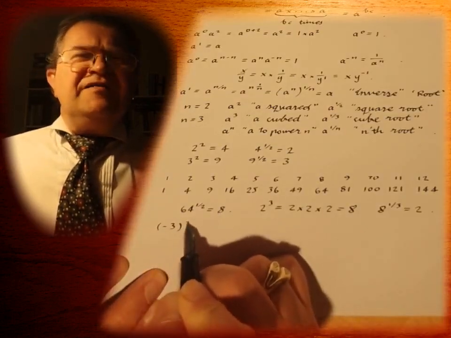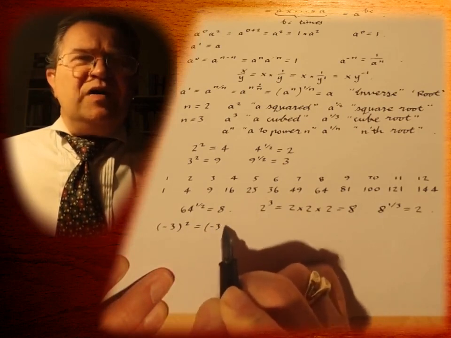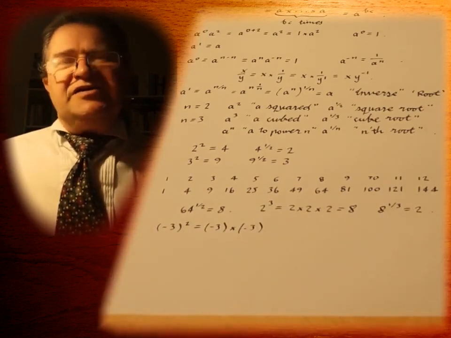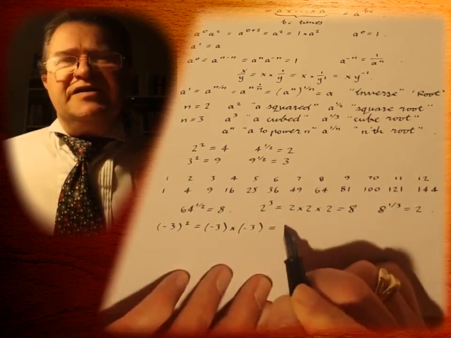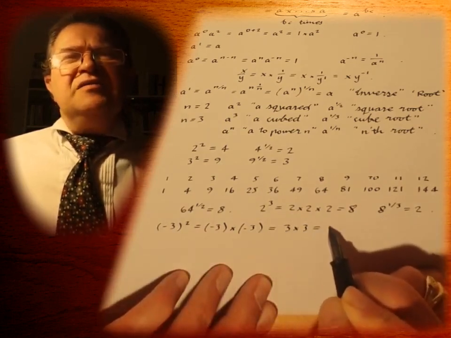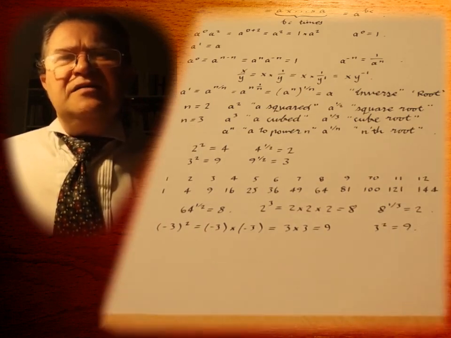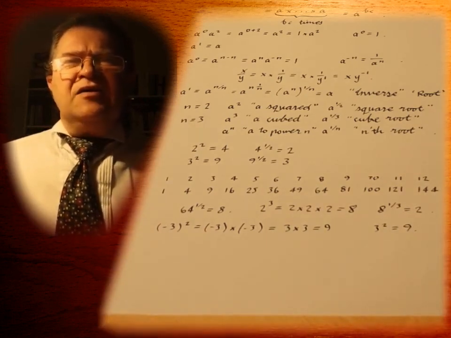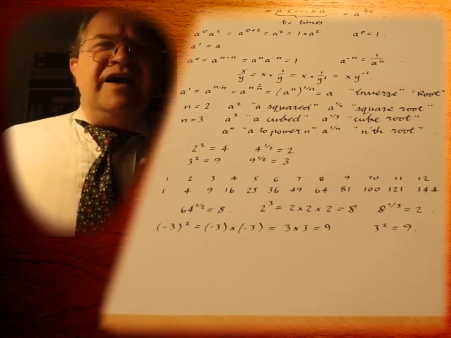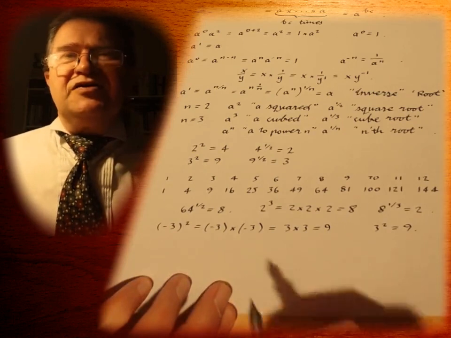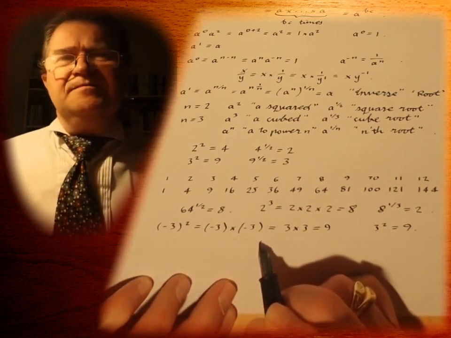Now let's think about the value of minus 3 squared. It is minus 3 times minus 3, which is the same thing as plus 3 times plus 3, which is 9. But we also had that 3 squared is 9, and this tells us that, going the other way, the square root of 9 is ambiguous, because it could be either plus 3 or minus 3.